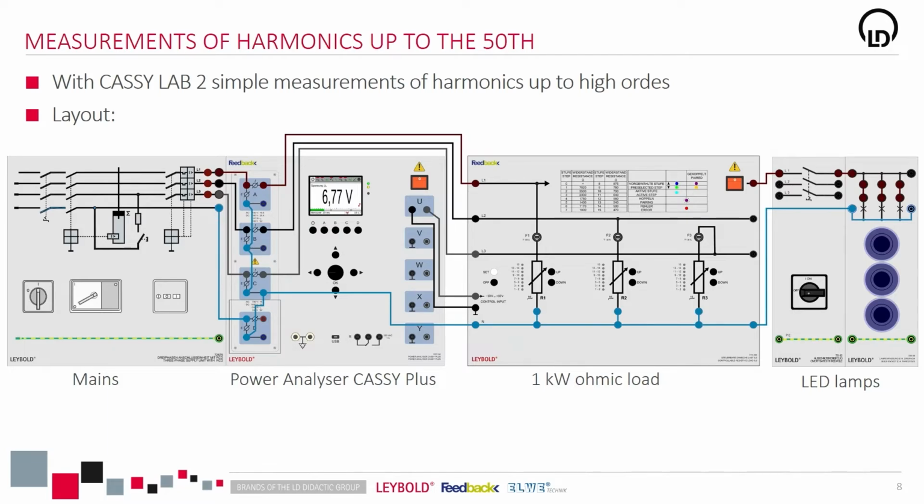The layout of the experiment has not changed much. We have the same setup, the power supply on the left, the Power Analyser CASSY in the center, and the load connected to the right-hand side. And to the first phase of the load, we have connected 3 LED bulbs, which we can switch on and off with a small switch.